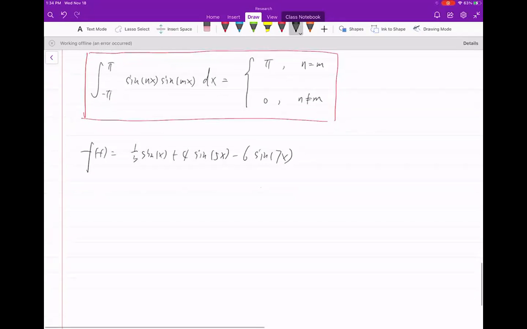Now what you're going to do is probe this function with different waves with different frequencies. Good so far? You can probe it with sine x. You can probe it with sine 2x, 3x, 4x. You can try all the possible ones.